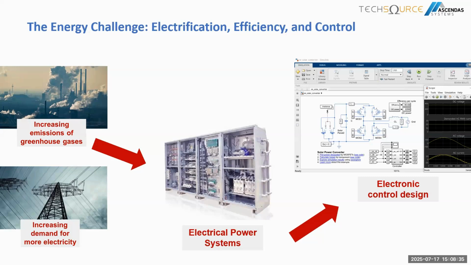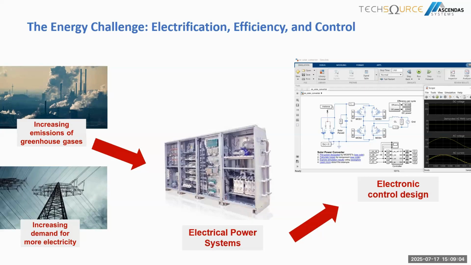The demand for electricity keeps growing for electrification, for example vehicles, expansion of industrial processes, and integration of renewable energy sources. This adds to the complexity of the grids we are seeing right now, which puts more pressure on system stability and efficiency.